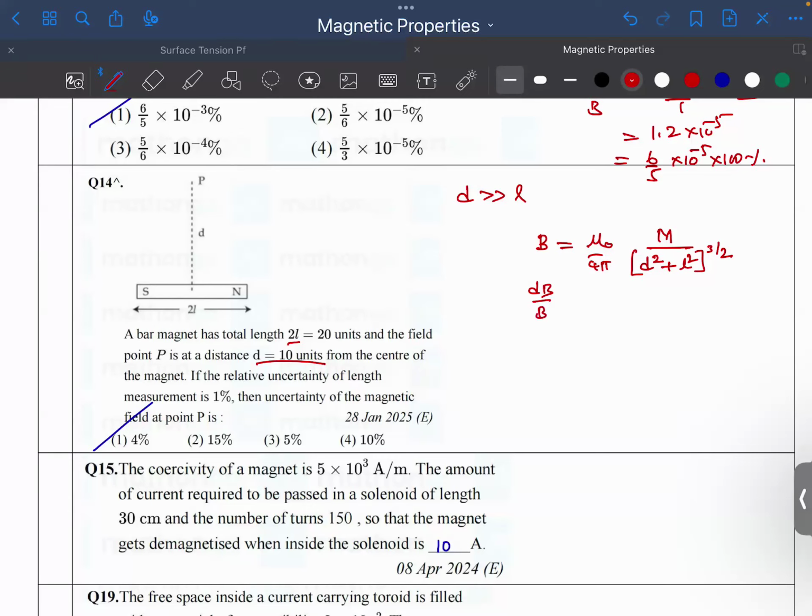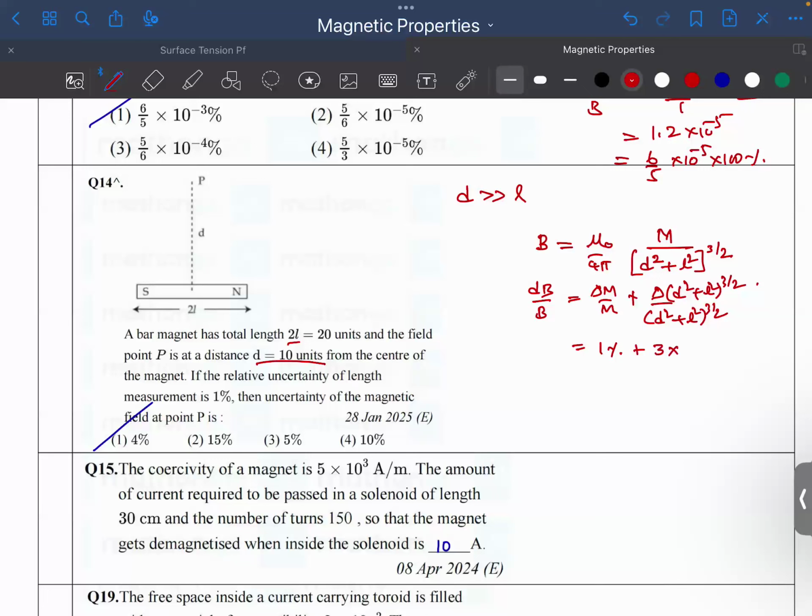Magnetic moment term contains one length term. సింపుల్ అండి. dB by B is delta M by M plus 3 by 2 times delta of D square plus L square by D square plus L square. Remember, here you will have 1%.